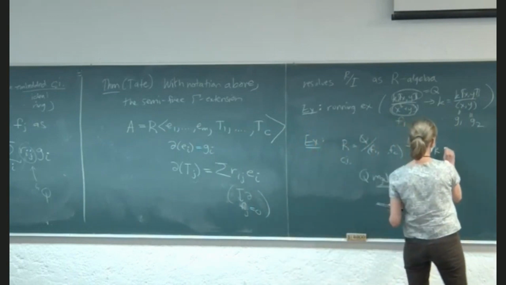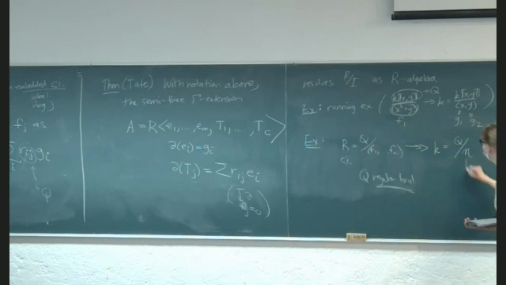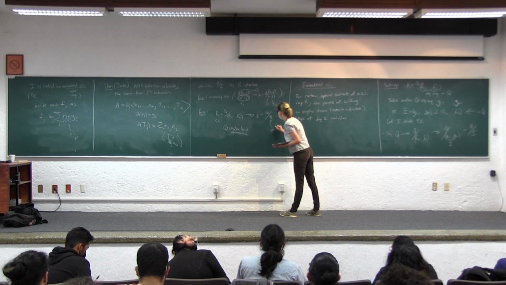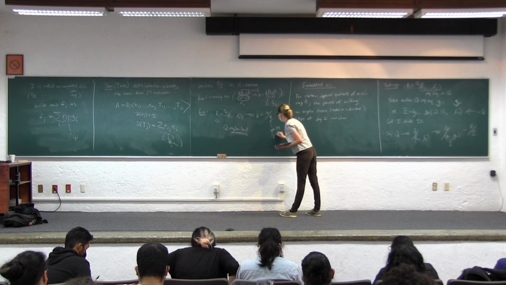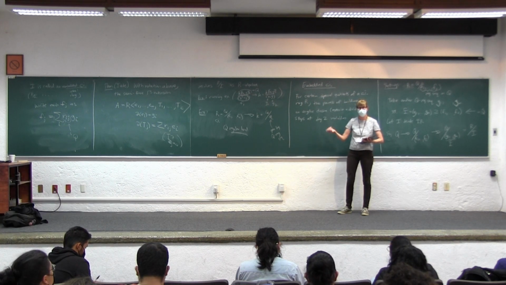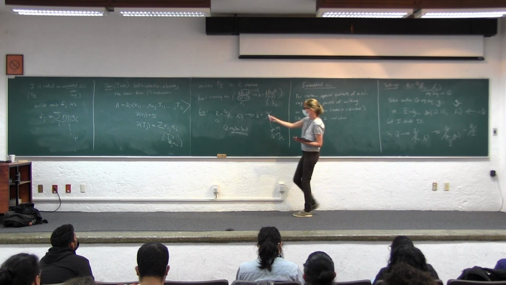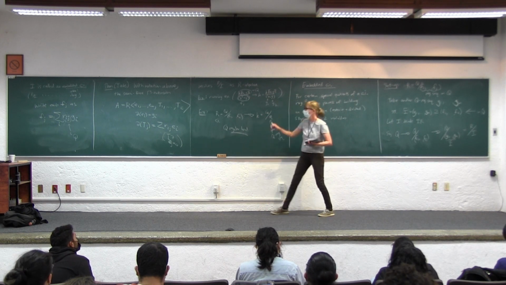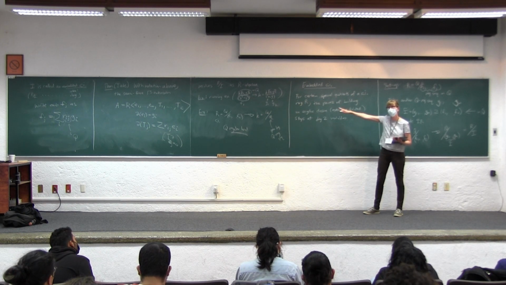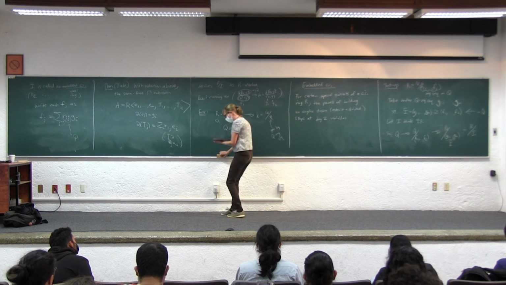And then you go to the residue field, which is Q mod its maximal ideal, but that is also generated by a regular sequence because it's a regular ring. So the maximal ideal is generated by a regular sequence. So the residue field over a complete intersection will always satisfy this property and is always beautiful to resolve. Okay, so I think that's all I wanted to say about that. Any questions?